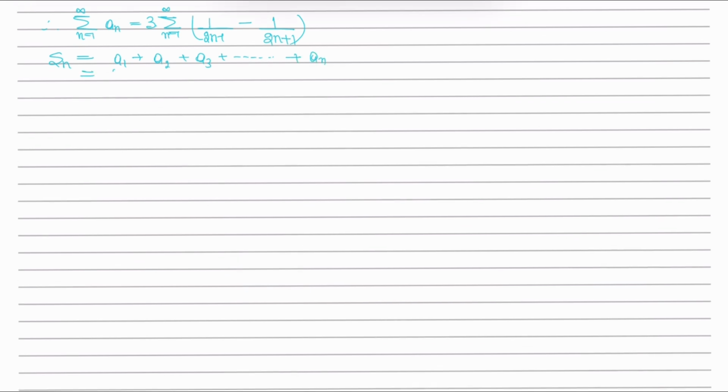This is equal to 3 common from every term, 1 upon 1 minus 1 upon 3 plus 1 upon 3 minus 1 upon 5 plus 1 upon 5 minus 1 upon 7 plus so on to 1 upon 2n minus 1 minus 1 upon 2n plus 1.